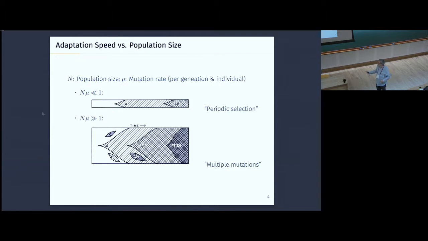So that means that this new mutation has arisen in the wild type. But now the ones who dominate the population are the descendants of this guy here, who was lucky enough to get the A mutation before. So for all practical purposes, this nice mutation B, which would be advantageous, is lost.